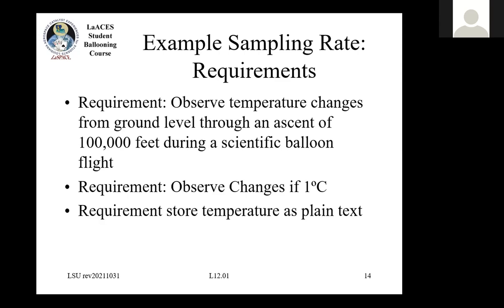I want to be able to see changes of a single degree or larger. And then I need to be able to store this data in a way that I can actually read it later. So I'm going to store that temperature number as a plain text ASCII file. And this is going to help me pick, how much storage do I need? How often do I need to sample? All of that stuff. All based on these 3 requirements.